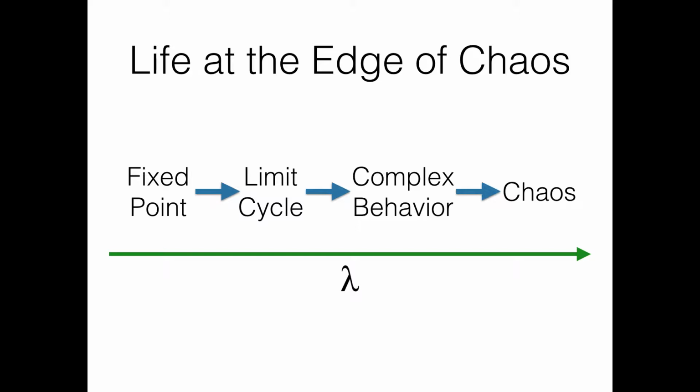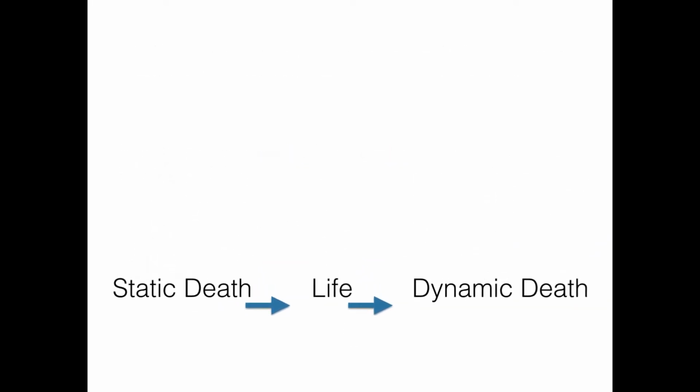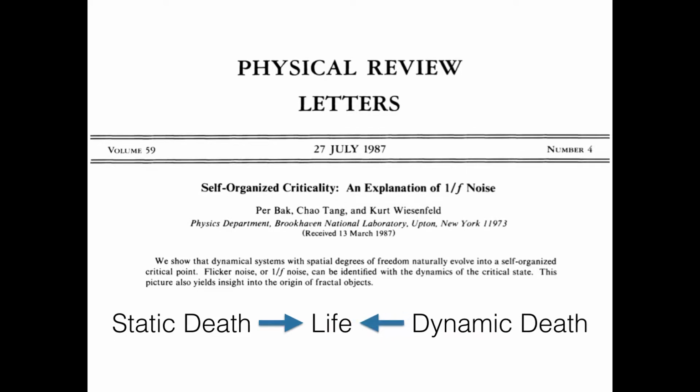Living organisms can be maximally adaptive that way. It's basically something like life is between two deaths. One of them is static death, and the other one is dynamic death. Are you following? And life is in between. Self-organized criticality makes such a system where the arrows actually point at life.